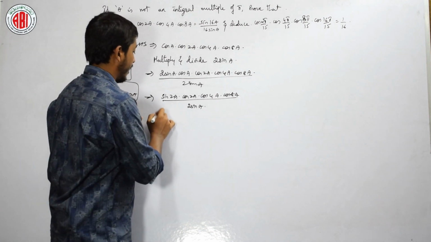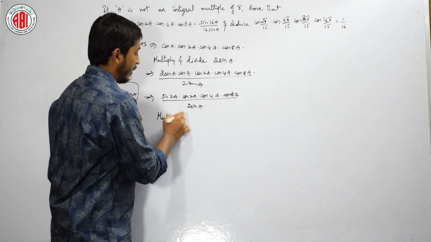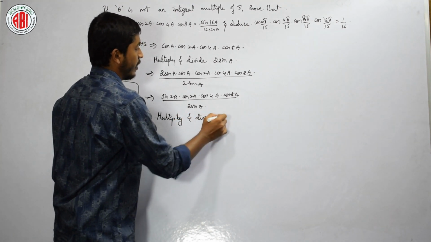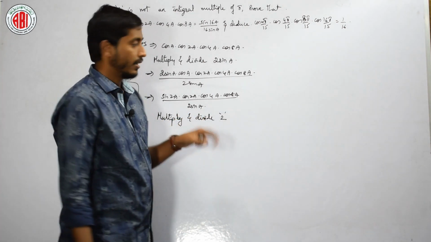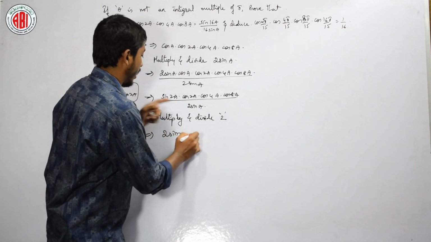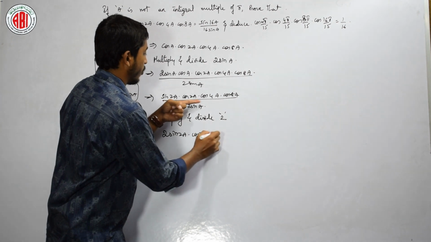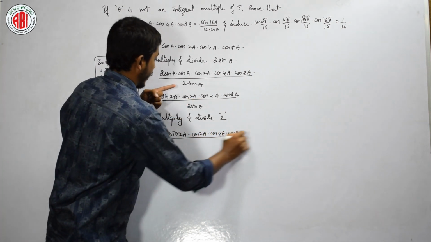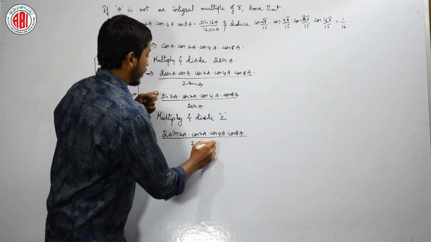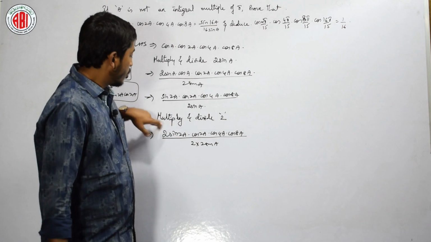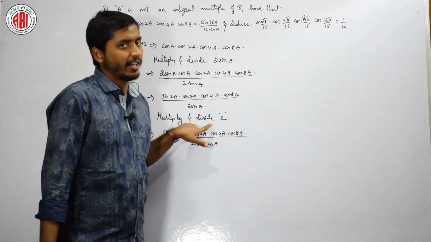Now see here. Can I multiply and divide by 2? Right? Now see here. It will become 2 sin 2A into cos 2A into cos 4A into cos 8A divided by 2 into 2 sin A. Right? Now tell me again, 2 sin 2A cos 2A, what will it become?